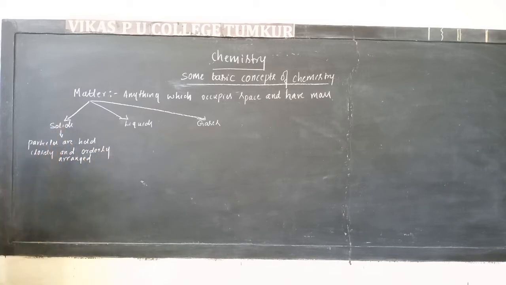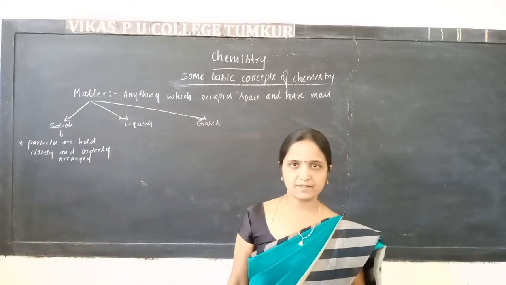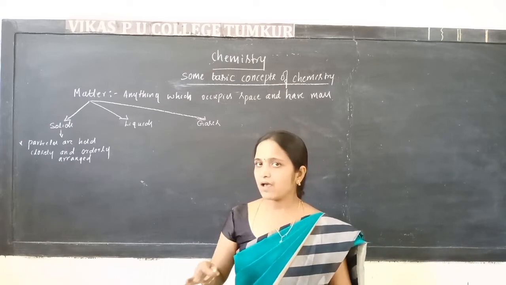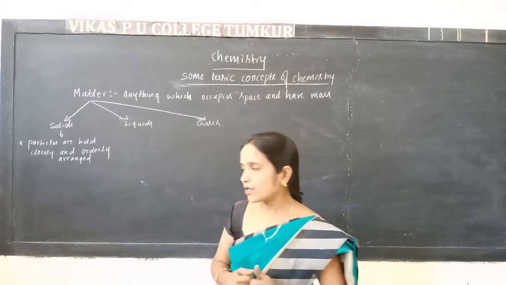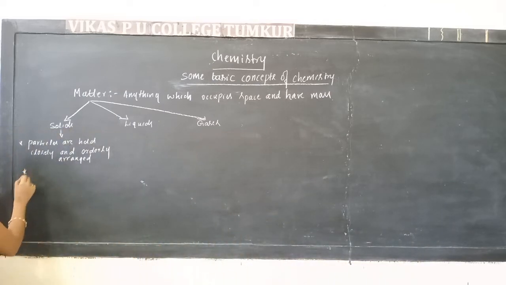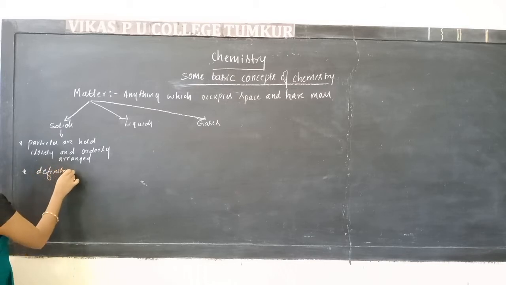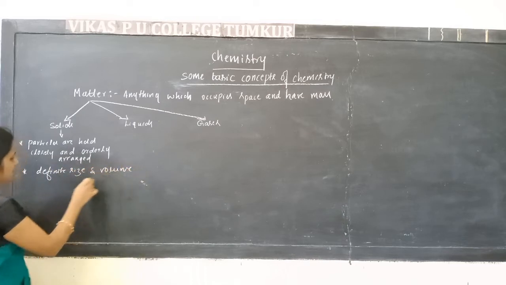Then one more point they say is that in the solids the movement of the particles is not possible, because the particles are arranged very closely. Therefore, it has definite size and volume.